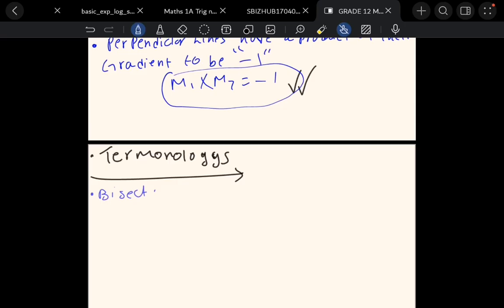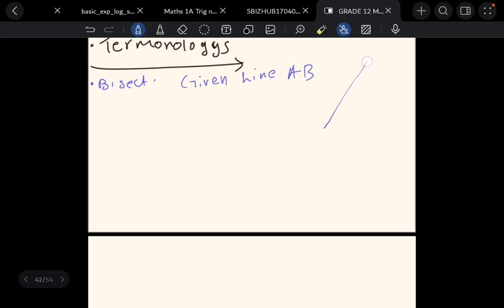The meaning of the word bisect. Given line AB, it's a line like that, going to be line AB.